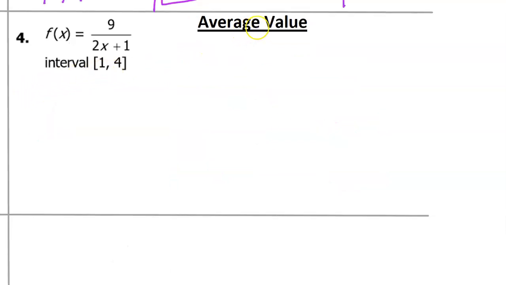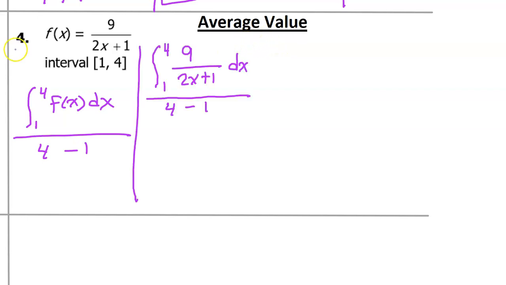The average value is the integral divided by the interval. The integral from 1 to 4 of f of x dx divided by the interval 4 minus 1. This is how you find average value. Substituting 9 over 2x plus 1 for f of x gives us this.